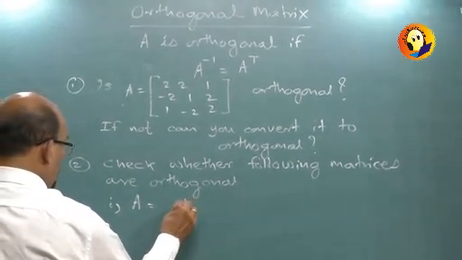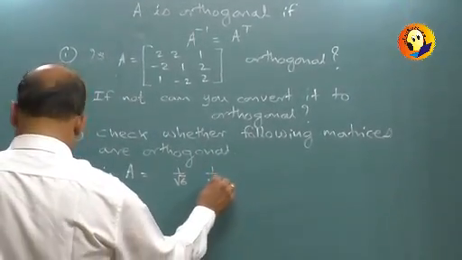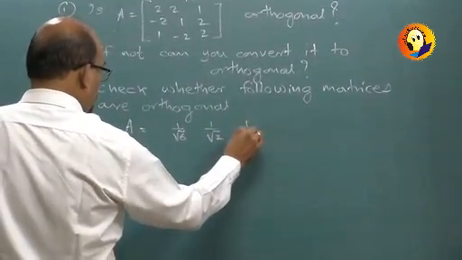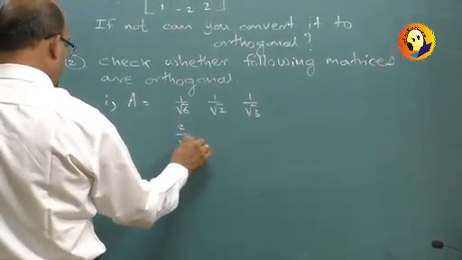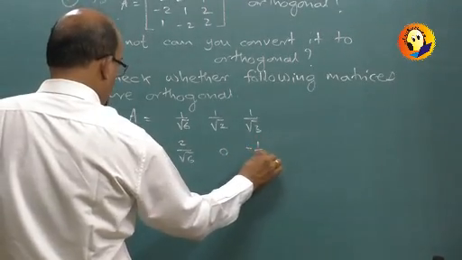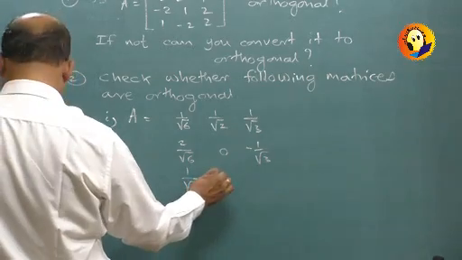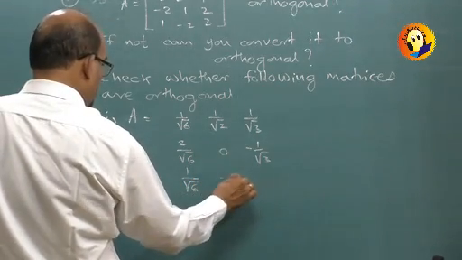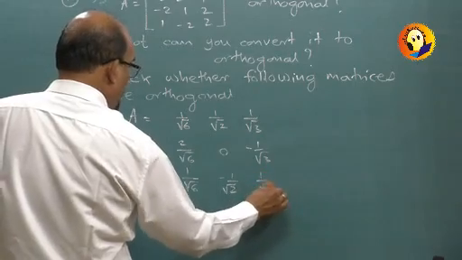It is 1 by root 6, 1 by root 2, 1 by root 3; 2 by root 6, 0, minus 1 by root 3; 1 by root 6, minus 1 by root 2, 1 by root 3.